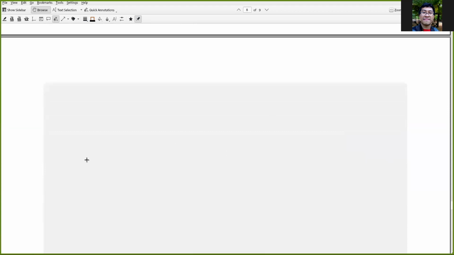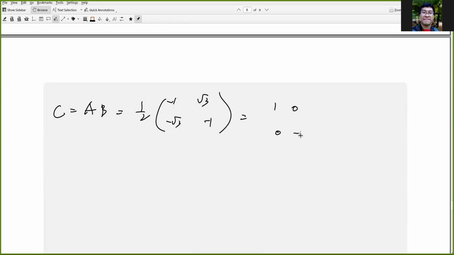For C, C can be written as AB, where A is 1/2 of [-1, square root of 3; negative square root of 3, -1], and B is [1, 0; 0, -1].